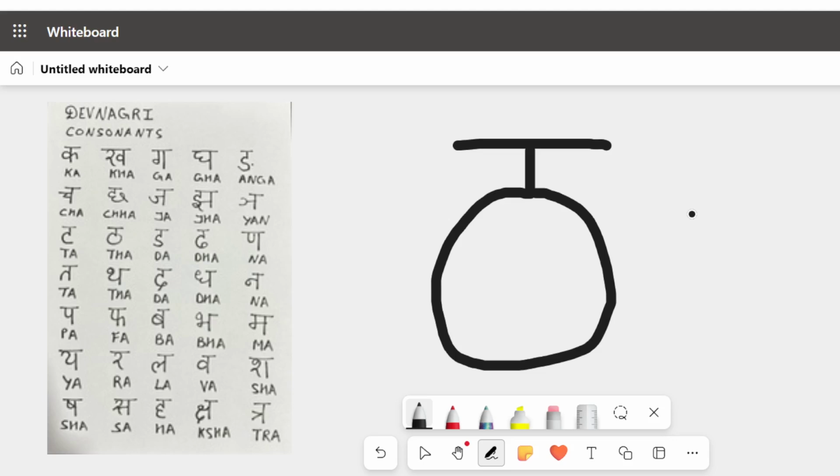By aspirated, I mean that if you place your palm in front of your mouth, a burst of air or a puff of air is thrown on the palm. This is aspiration. So this is the retroflex T sound aspirated. The previous one was Ta, and this is Tha. Let's go to the next letter now.